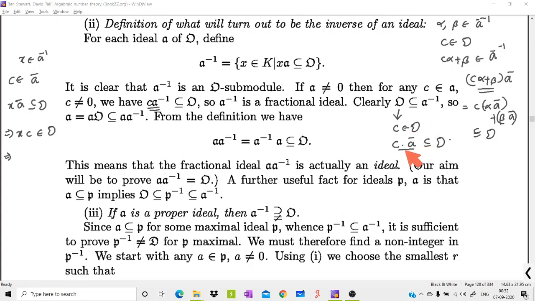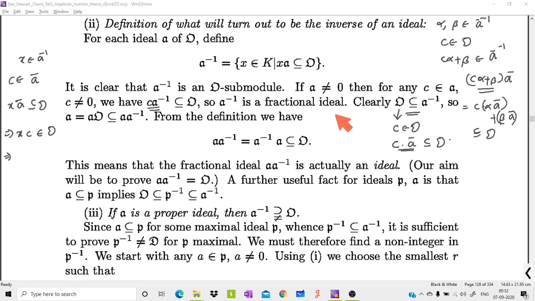Therefore, we can get this is contained in O, and then every element of O is contained in A inverse. So O is always contained in A inverse. That means A inverse, the inverse of an ideal defined here, is a little bit larger set than this ring of integers.